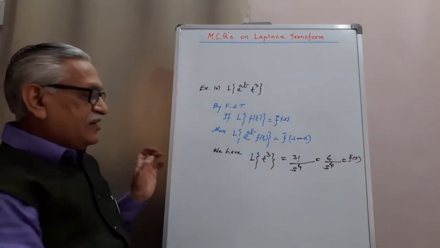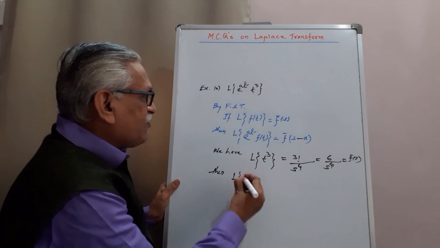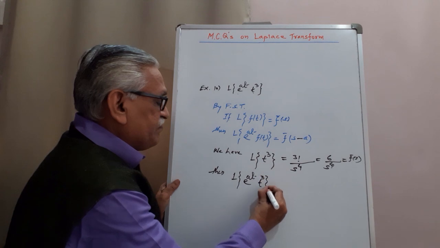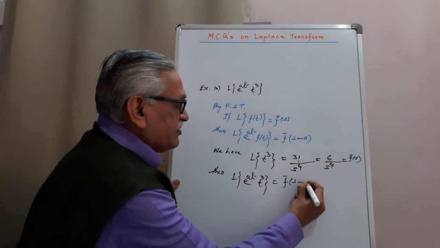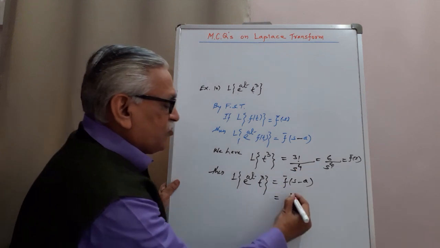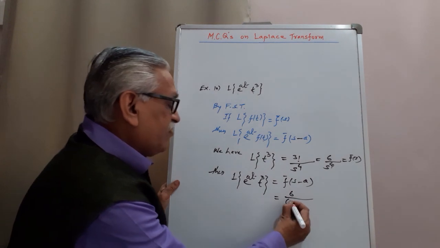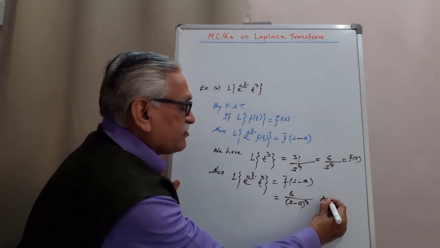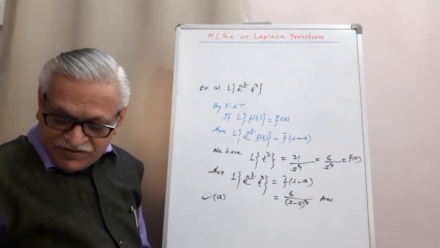Then by the first shifting theorem, Laplace transform of e raised to at into t cube is obtained by replacing s by s minus a, and therefore we get that value as 6 upon s minus a raised to 4 as the required answer. Option A is the correct answer.